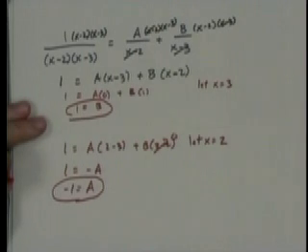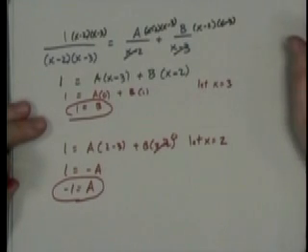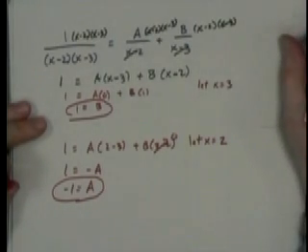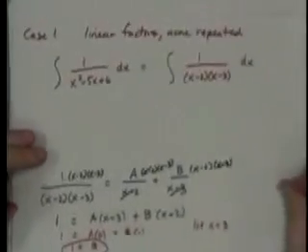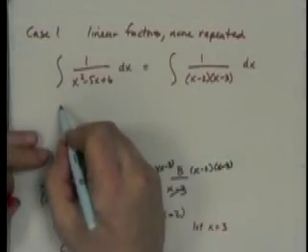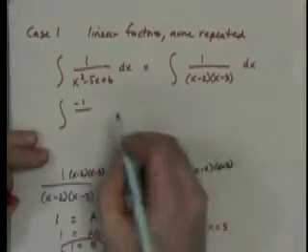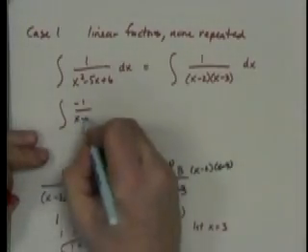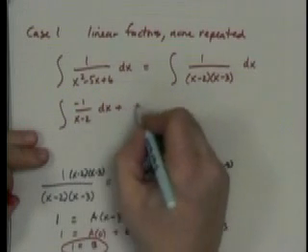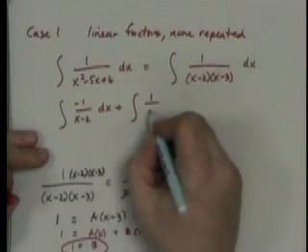Now, with linear factors, especially non-repeated linear factors, this is the easy way. Now, what that means is I can rewrite this integral then as two integrals. The integral of negative 1 over x minus 2 plus the integral of positive 1 over x minus 3.